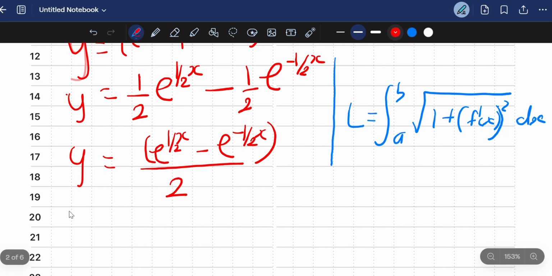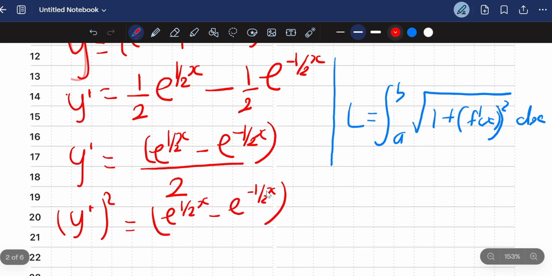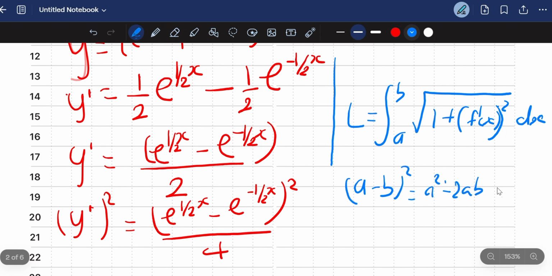And in squaring that function, this is supposed to be y prime, by the way, guys. We're going to have y prime all squared equal to e to the power of half x minus e to the power of negative half x, everything all squared, and if I square the denominator, it's going to be 4. Now, we're going to use the fact that when we have a minus b all squared, it simply gives us a squared minus 2ab plus b squared to solve this first part of the question.